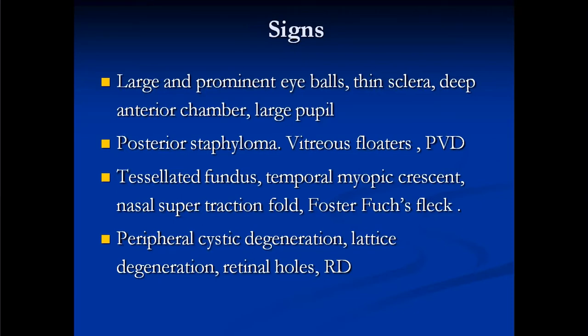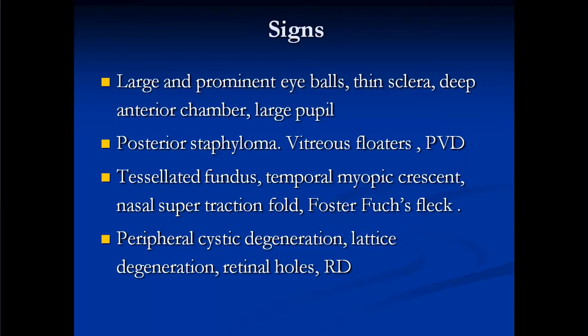As I told you, only 1 millimeter difference in the axial length will result in an error of 3 diopters. So, a bigger eyeball, then if you observe, the sclera will be thin, the anterior chamber will be deep, and the pupil is a little larger than in routine persons.